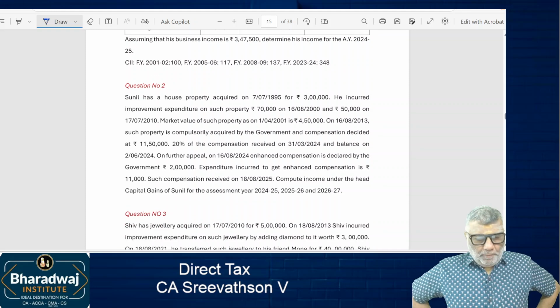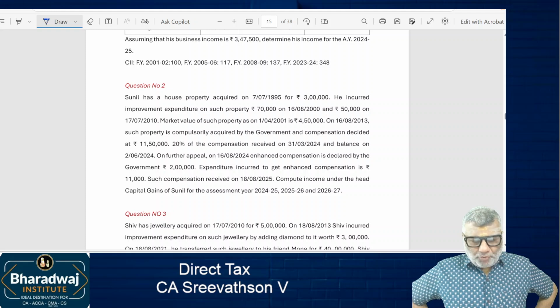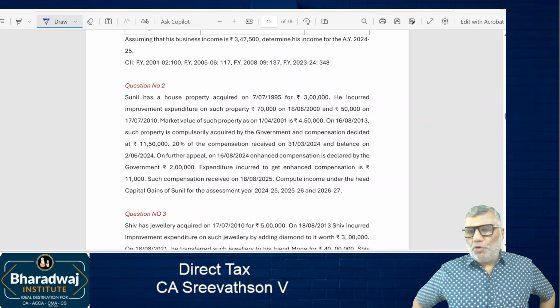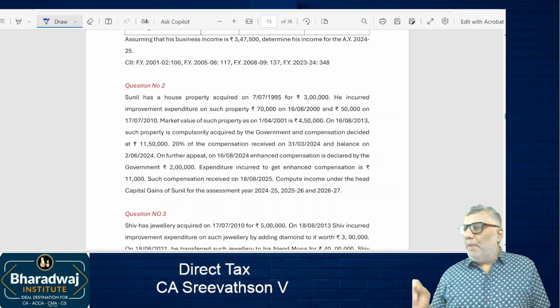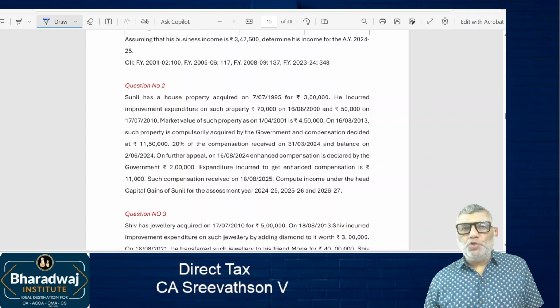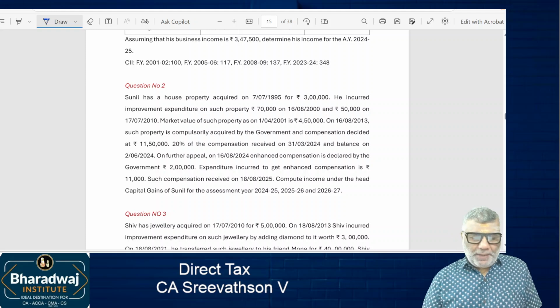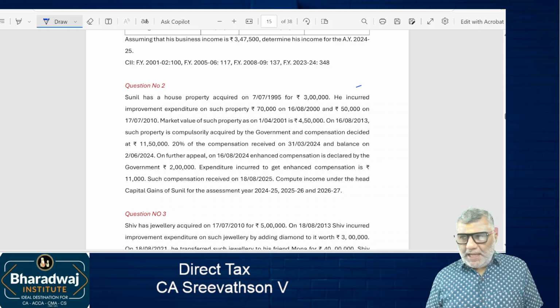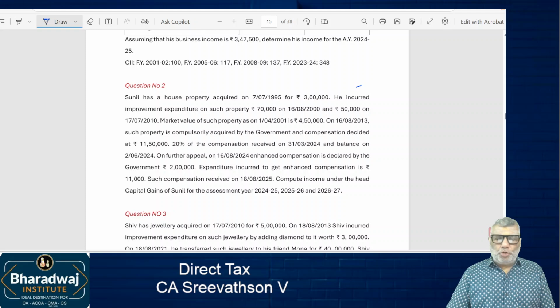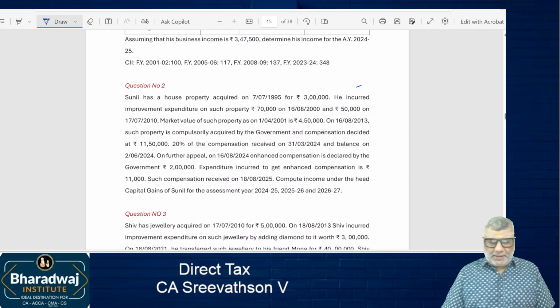Question number 2. Sunil has a house property acquired before 1/4/2001, with expenditure incurred before 1/4/2001. Any improvement before 1/4/2001 should be ignored. Any improvement, please write and keep it here. You cannot take it.